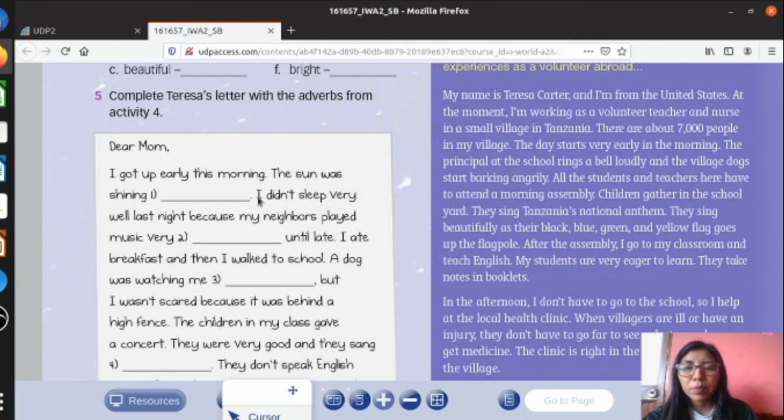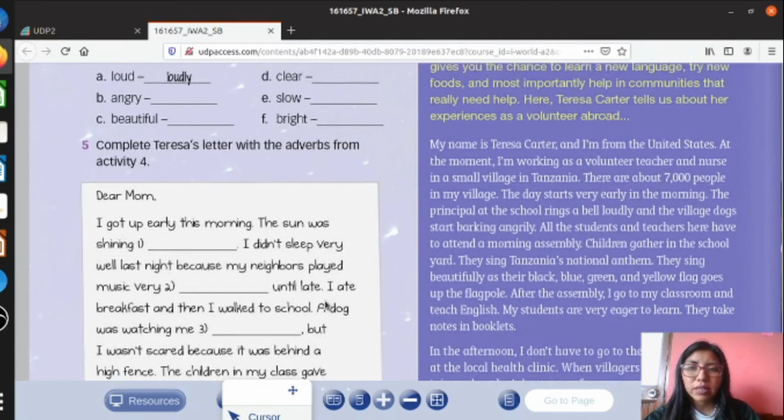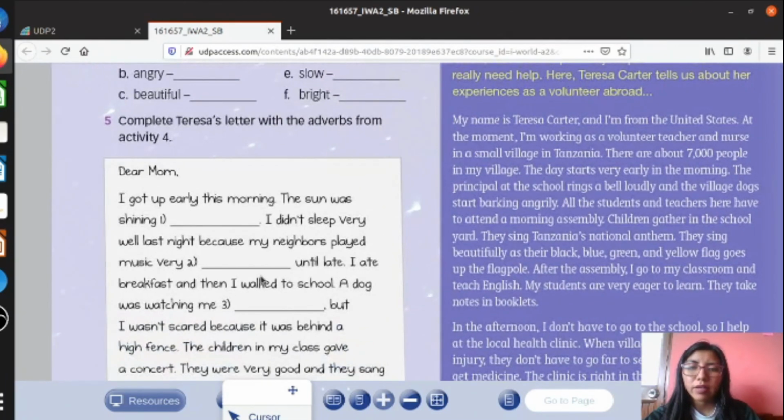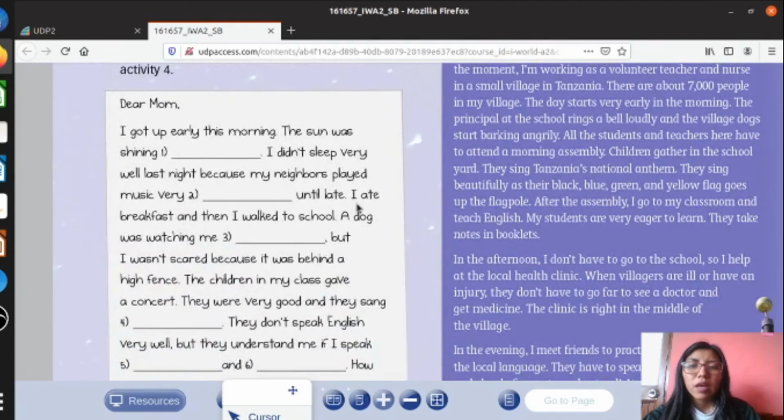I didn't sleep very well last night because my neighbors played music very loudly, okay? Until late. We are going to use that. Loudly, okay? I ate breakfast and then I walked to school. A dog was watching me angrily.